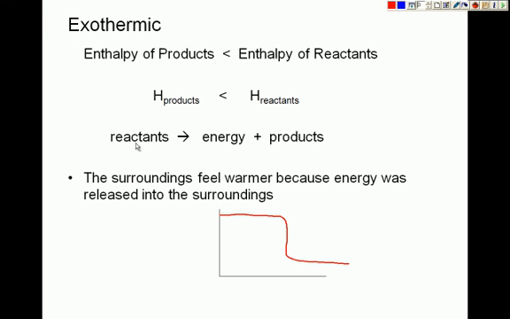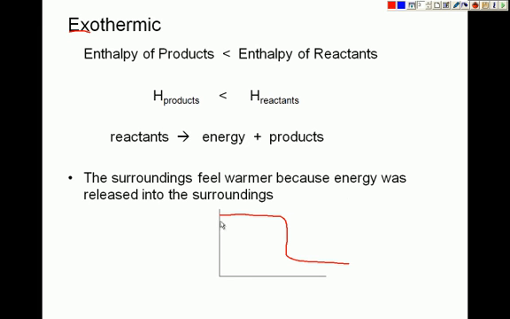Now, since the energy is on the product side, the reactants are going to lose a whole bunch of energy in order to become products. Since they're losing a lot of energy, that energy is released into the surroundings, and therefore the surroundings are going to feel warm. Energy is exiting the reactants, so the surroundings feel warm because energy was released into them.